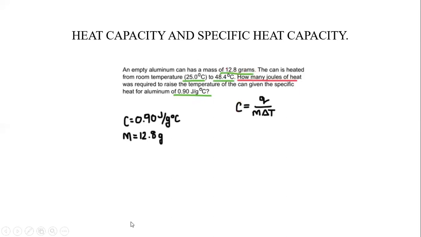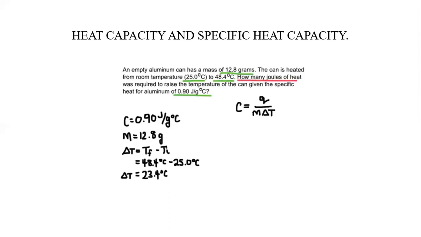So this part and this part. I also know the change in temperature. It went from 25 degrees Celsius to 48.4 degrees Celsius. To calculate the change, whenever we see the delta, we always take the final minus the initial. So I have 48.4 degrees minus 25 degrees, and I get a change of 23.4 degrees Celsius.